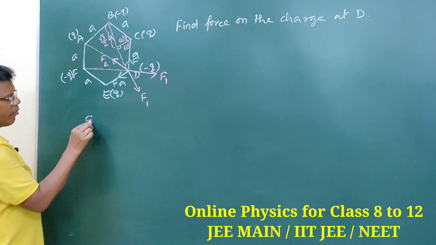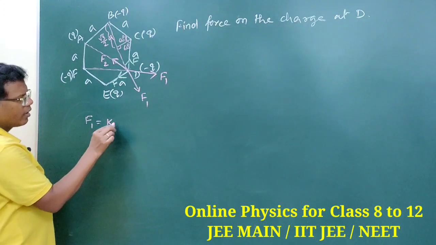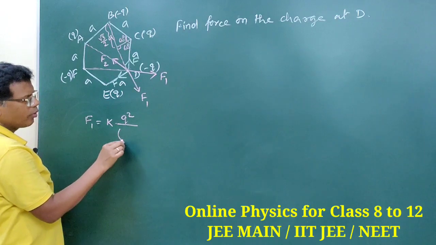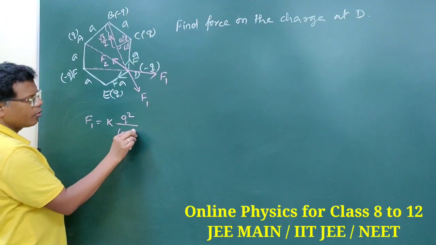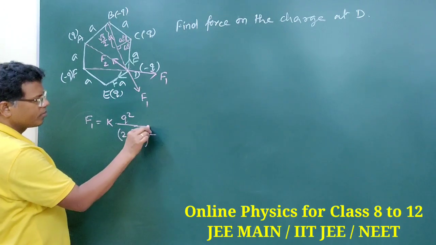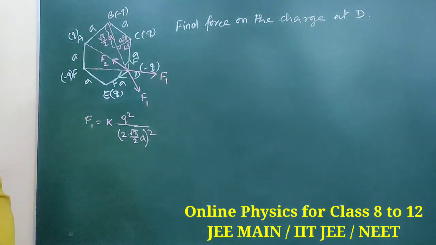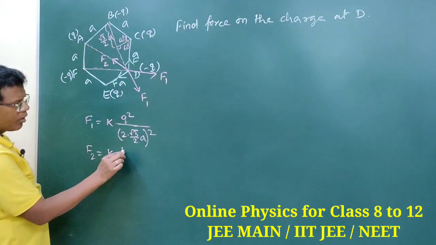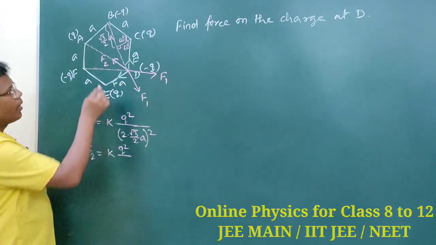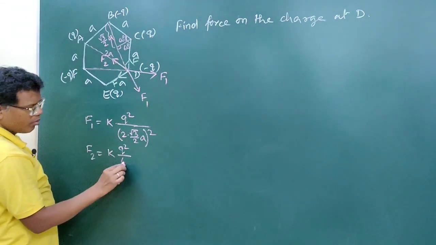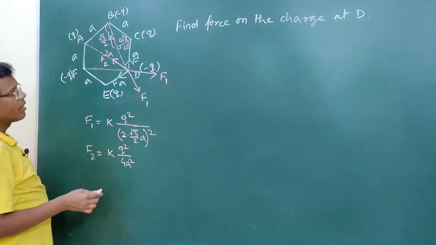So the expression of F1 will be K Q square by the square of 2 into root 3 by 2 of A, whole square, right? Whereas for F2, the magnitude of F2 will be K Q square by this distance, which will definitely be 2A, so 4A square.